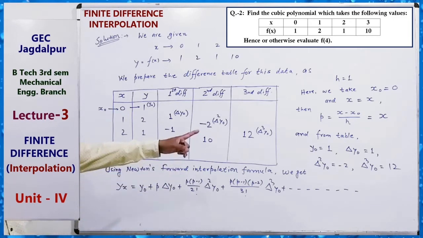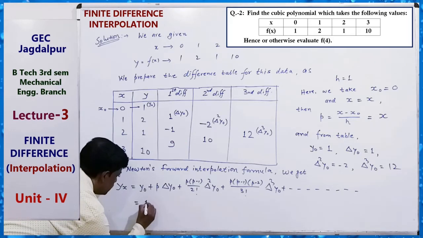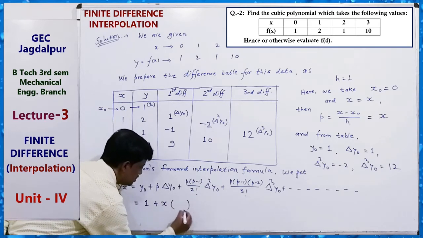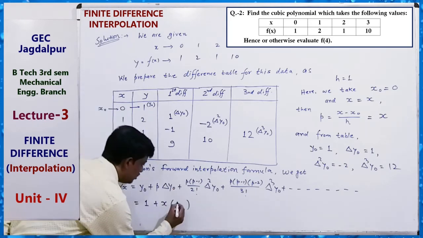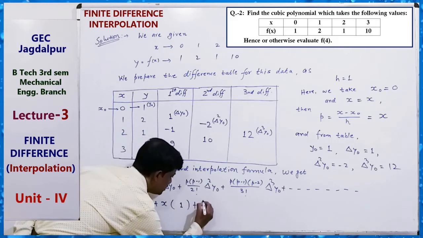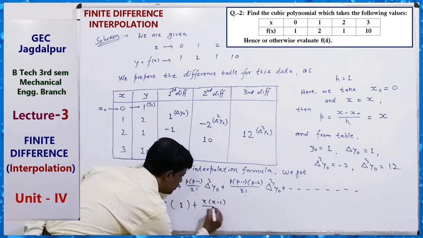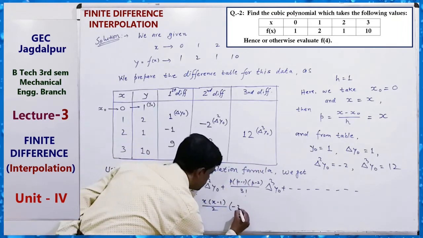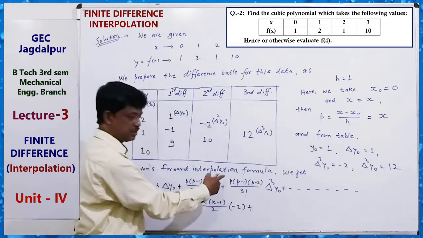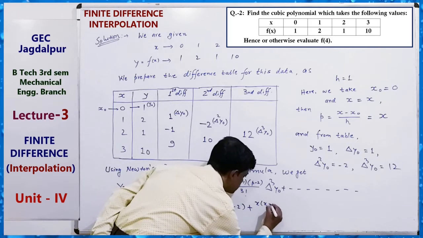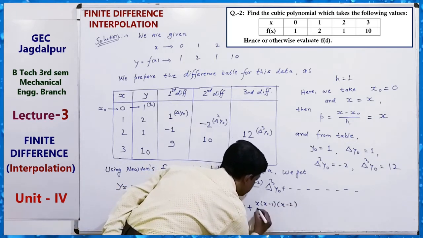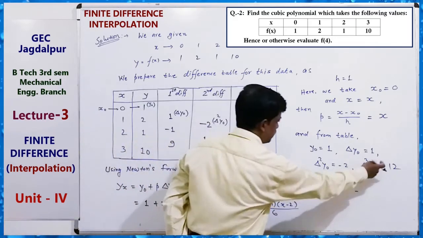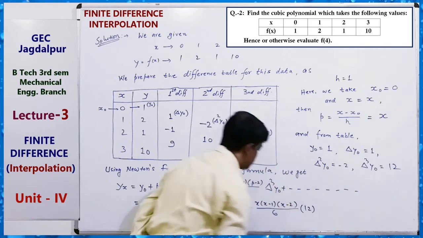Here just put the values: y0 is 1 plus p equals x, and the first difference is 1, plus x into x minus 1 upon 2 factorial, which is 2, the second difference is minus 2, plus x into x minus 1 into x minus 2 upon 3 factorial, which is 6, into the third difference 12. And further terms are not there.